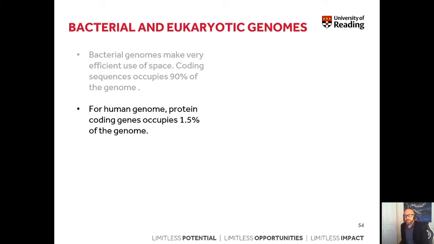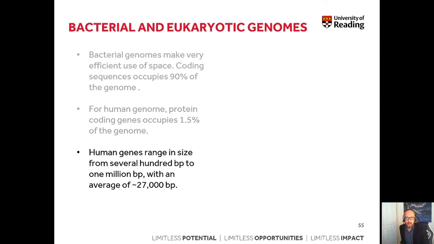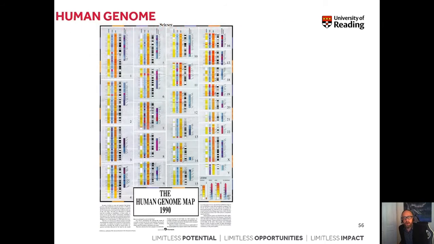In contrast, in humans, the protein coding genes occupy only 1.5% of the DNA. Also, human genes range in size from several hundred base pairs to 1 million base pairs, with an average gene being 27,000 base pairs long.